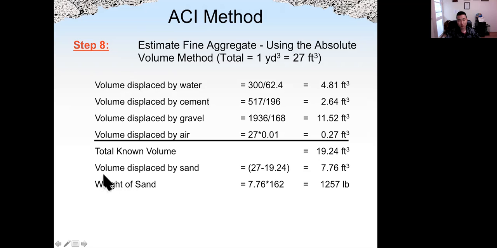The volume displaced by sand will be the total volume minus all other materials combined in volume. So the sand volume will be 7.76. The volume of sand times the density of sand, 162, which is also given, is how much sand is needed.